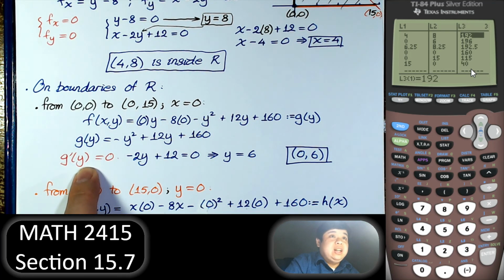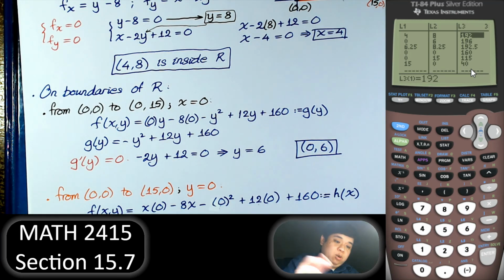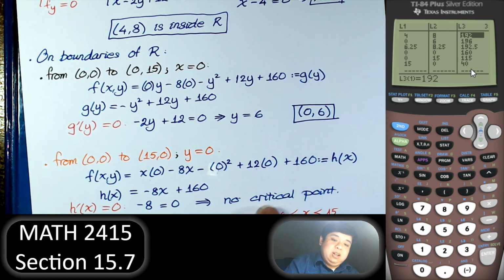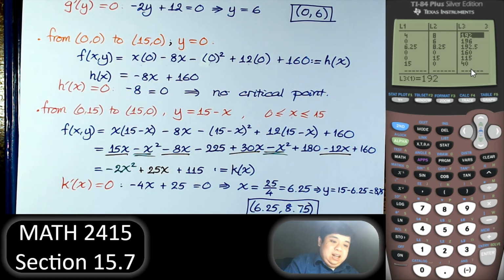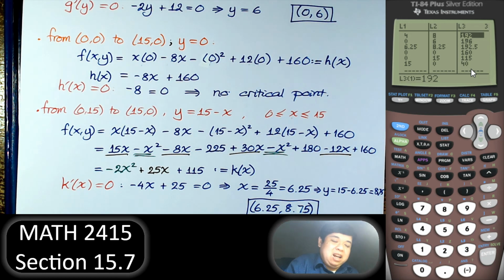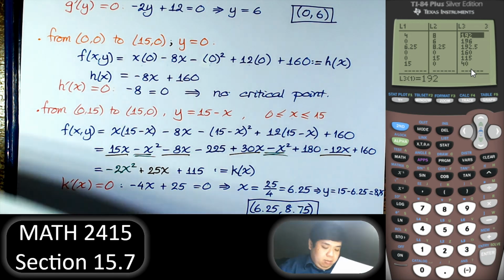And now we just have a one-variable problem. Take derivative equal to 0, and then same thing. By the way, there's another way to do this in the next section, which is called the Lagrange multipliers, to deal with the boundary. Because in this case, the boundary is kind of a complicated thing here.